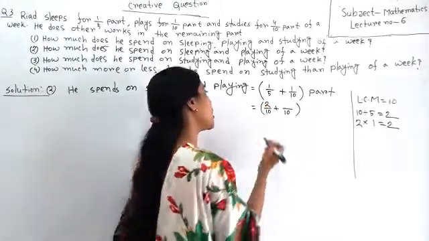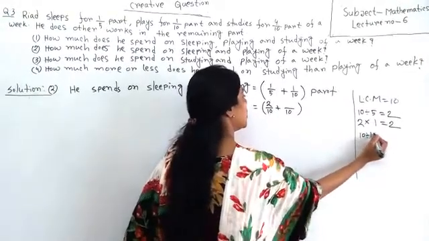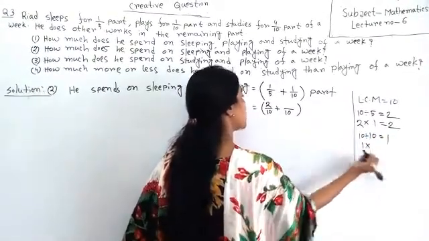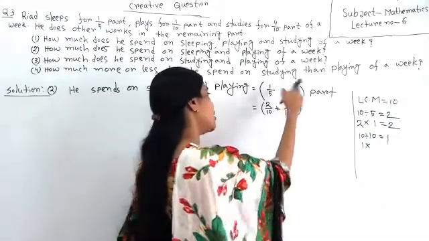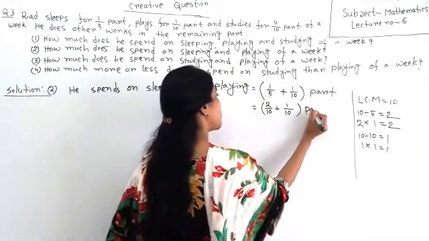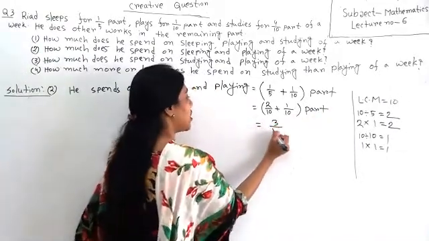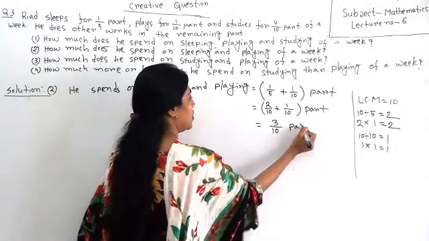For the second fraction, 10 divided by 10 gets result 1. 1 multiplied by the second fraction numerator gets result 1. So 2 plus 1 is 3 divided by 10 part.